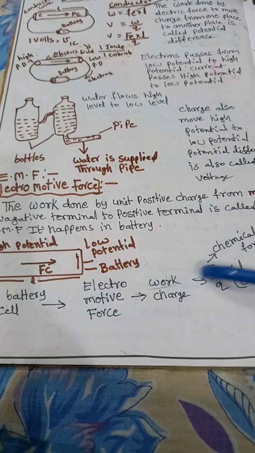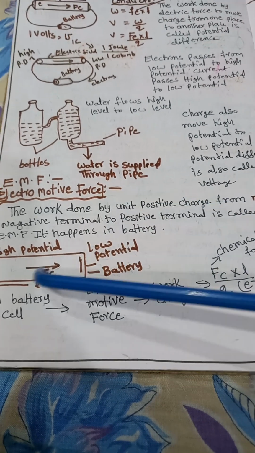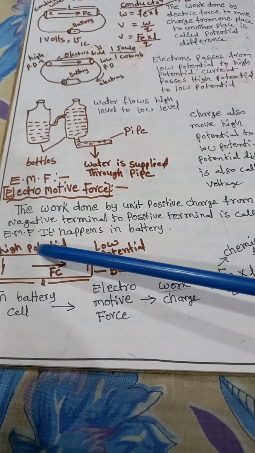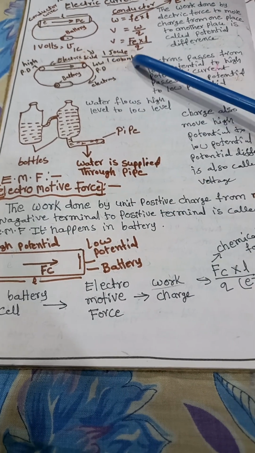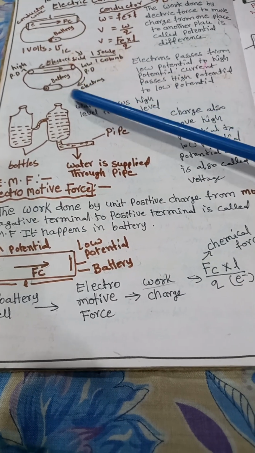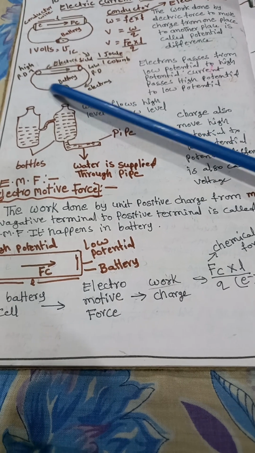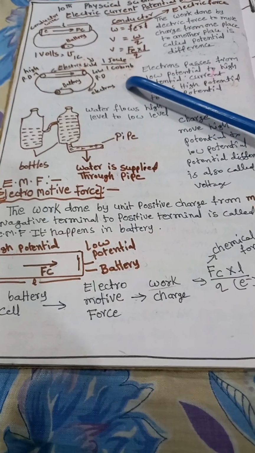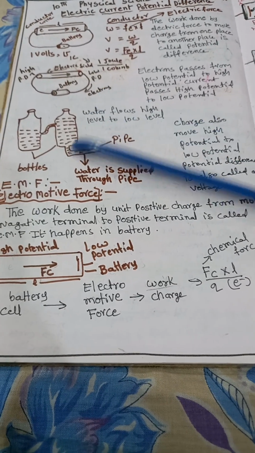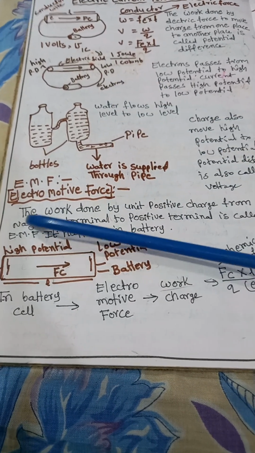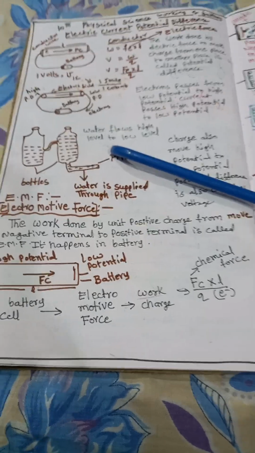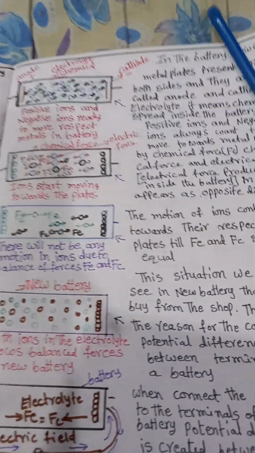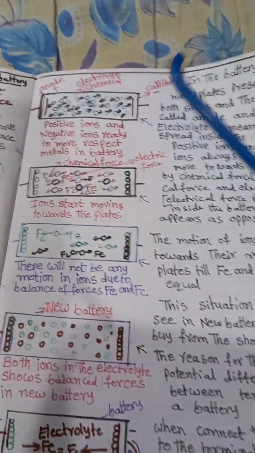In the battery, chemical force is used to move the unit charge, and in potential difference, electric force is seen moving the unit charge from one place to another place. So this is the difference between the potential difference and electromotive force. Now we can see the working of battery.